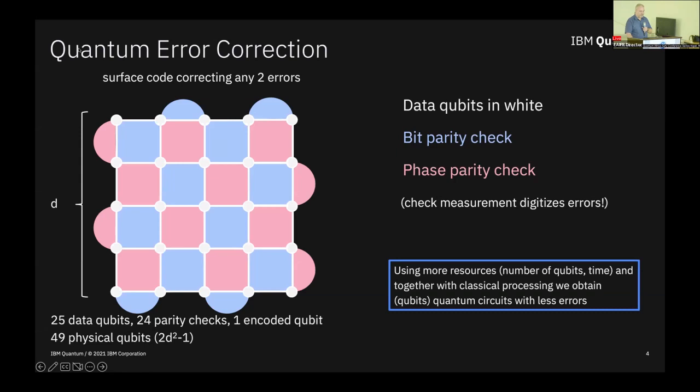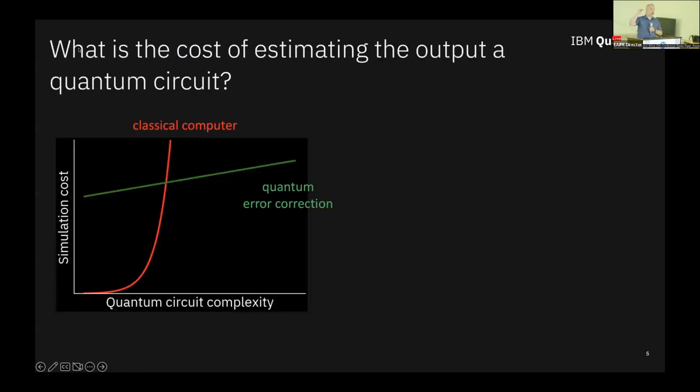However, it turns out that there is a barrier that you have to overcome to be able to perform quantum error correction. Here I'm showing a plot that's very cartoon. On the x-axis is quantum circuit complexity. That's how hard is the problem that you want to solve. On the y-axis is simulation cost. And in simulation cost, I'm including how many qubits do you need, how good do you need them to be, how long is it going to take, everything that might matter to you if you were a business or a researcher that wanted to solve a problem.